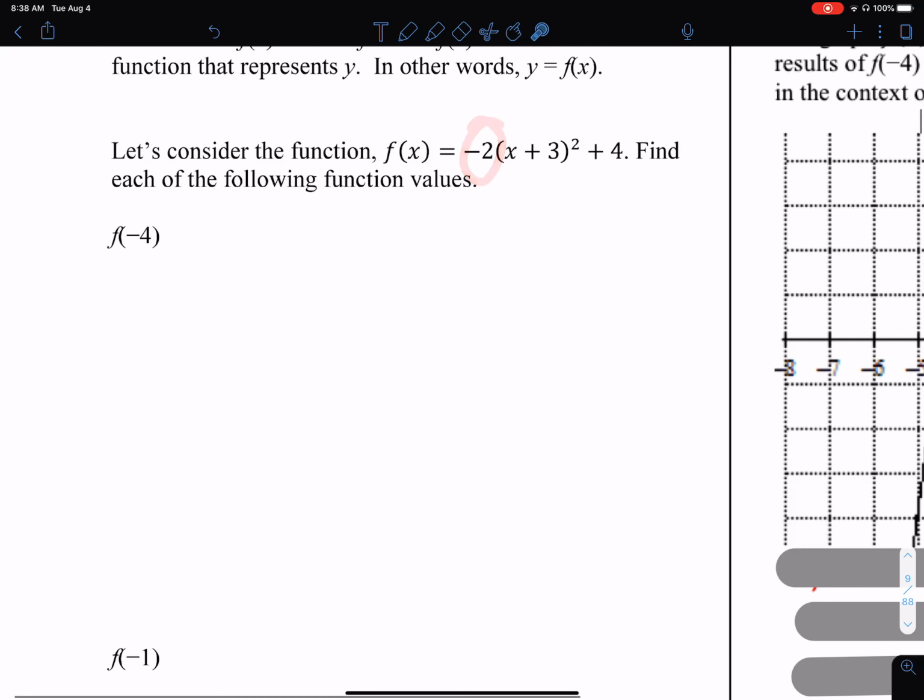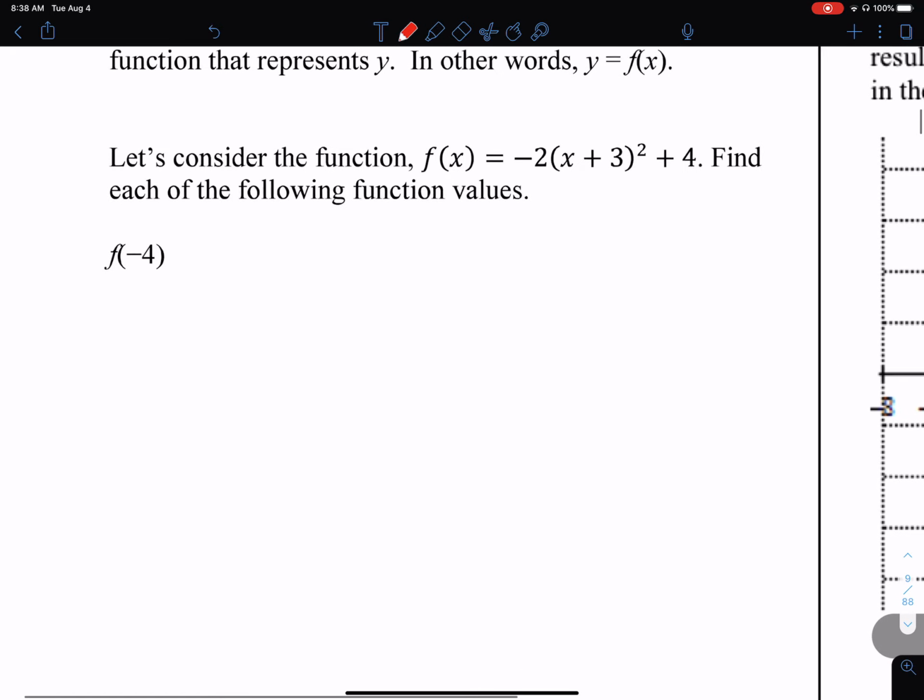That's review from yesterday. So what is f of negative 4? Well, this means that we're going to take this function and we're going to replace the x in this problem with a negative 4. And then we simplify it using order of operations. Negative 4 plus 3 is a negative 1.